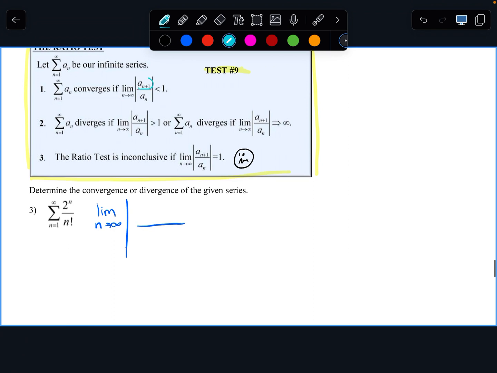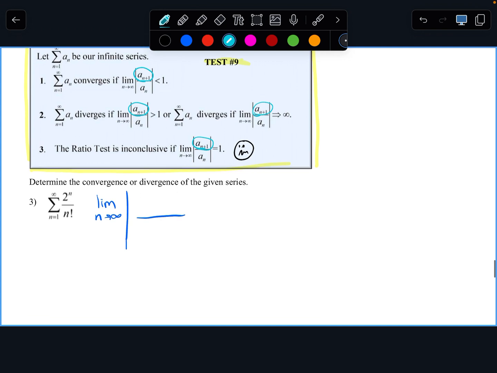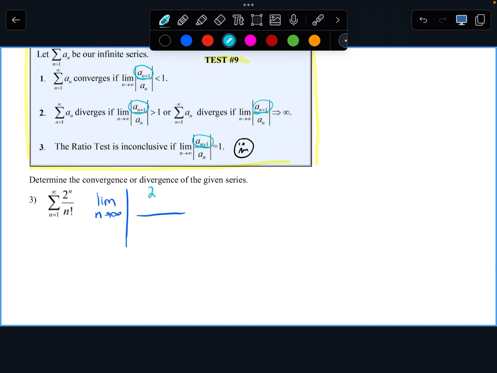So the first one, you're doing the n plus 1 on the numerator thing for all of these. So it's basically going to be 2 to the n plus 1 all over n plus 1 factorial. So that'll be your first one. And then the denominator is always the normal one that you started with.